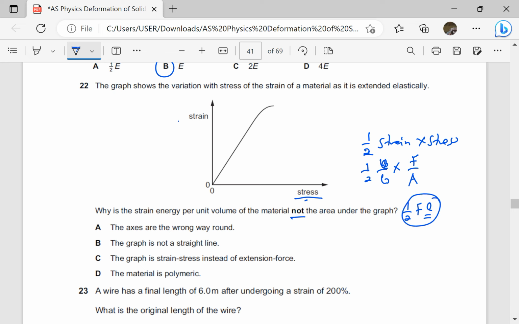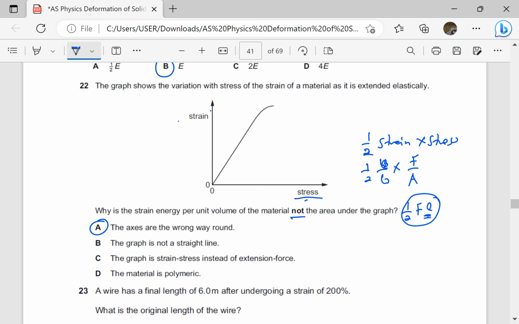This is going to be the area with the extension axis. And yet the extension is on the vertical because strain is extension over original length. Therefore, the axes are the wrong way around.